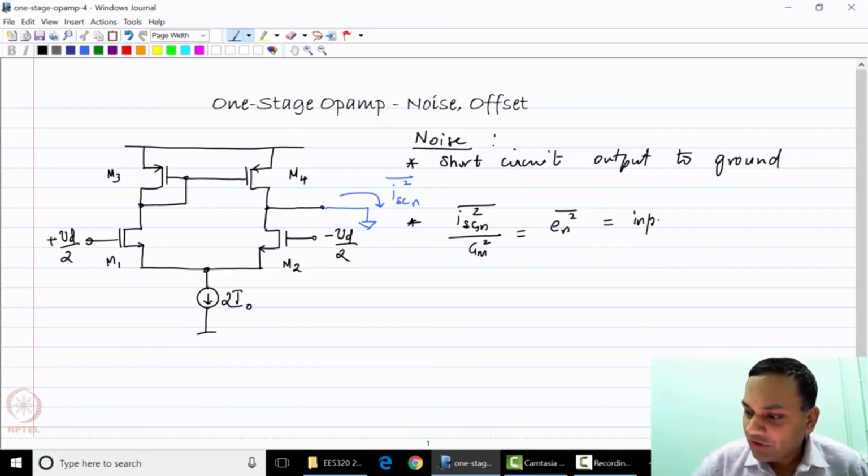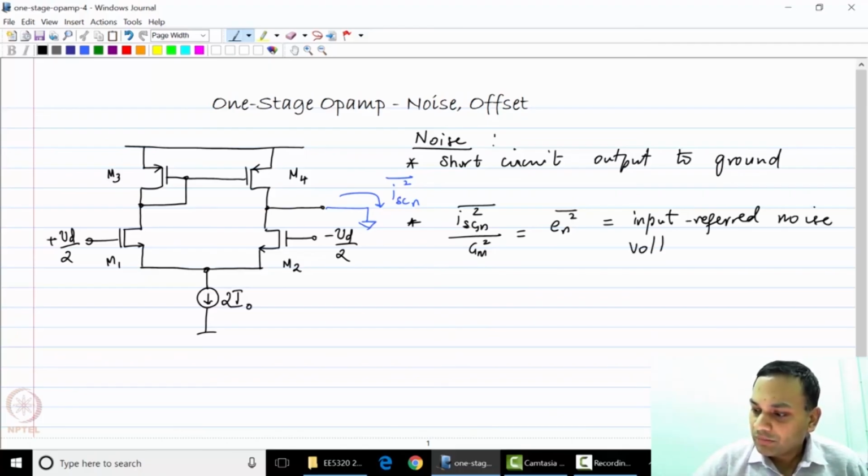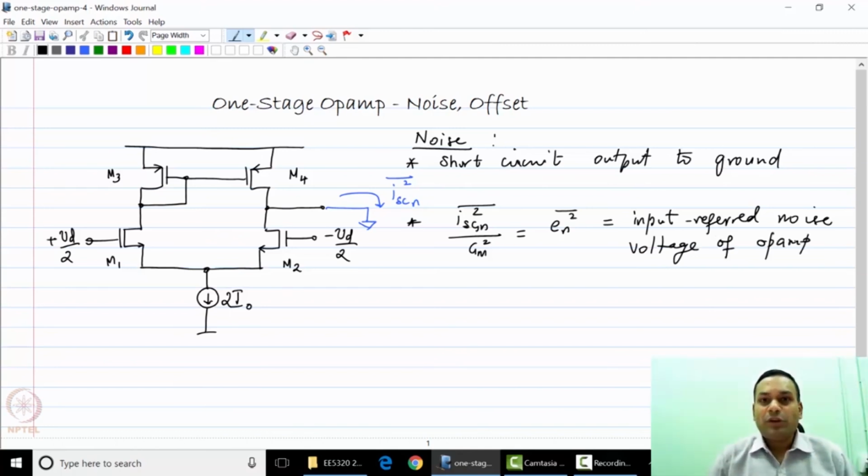This is the input referred noise voltage of the op-amp. This is the same procedure we have used even for simpler circuits.